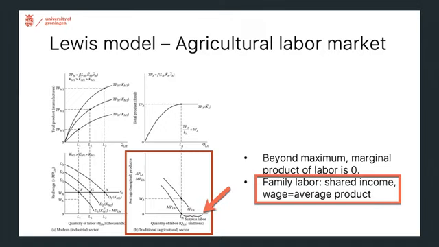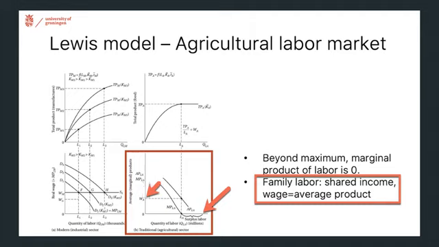So all the workers in the family get the product from the land, and that product is equally divided between the family members. Now, this means that the average product, that's the curve here, determines the wage in the agricultural sector, here denoted by WA.